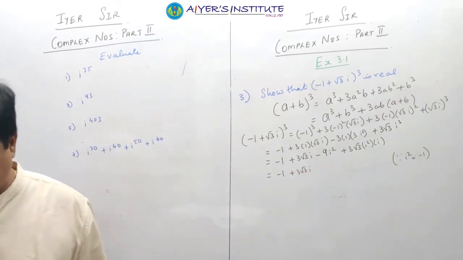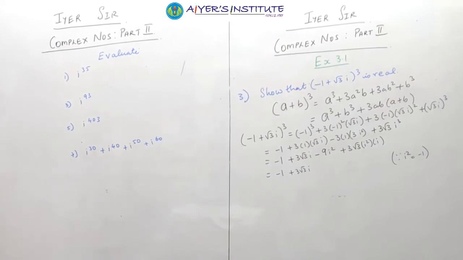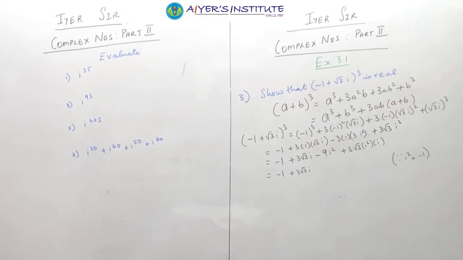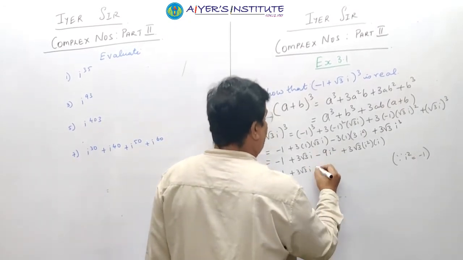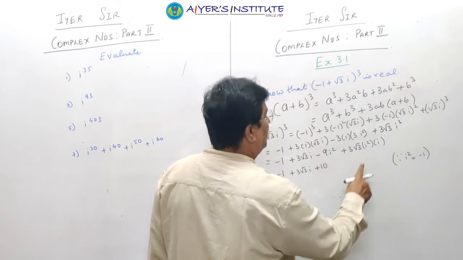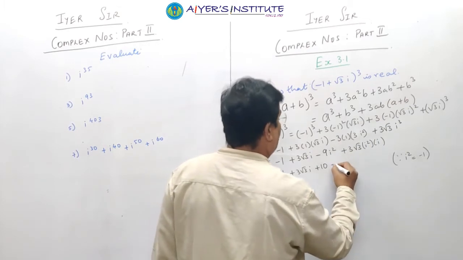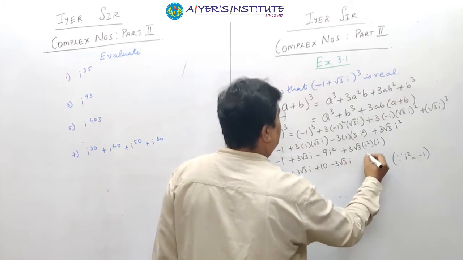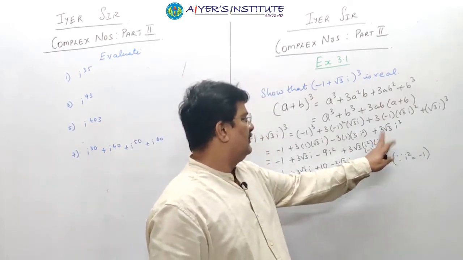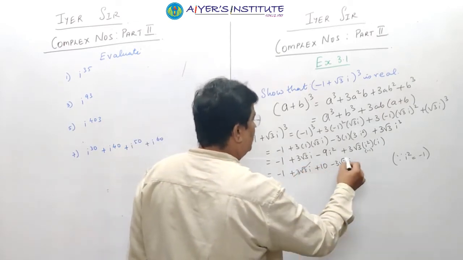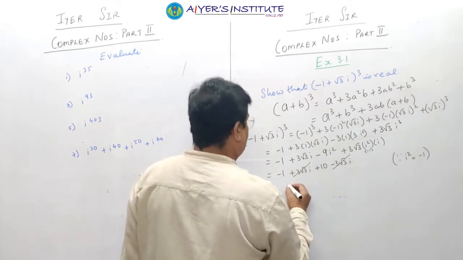Okay. Minus 1 plus 3 root 3 i. Minus 9 into 1 will become plus 9, and this will become minus 1 into i. So this will be minus 3 root 3 i. This will become minus 1. So minus 1 into root 3, minus 3 root 3. So plus 3 root 3 minus 3 root 3 cut. 10 minus 1 is 9.